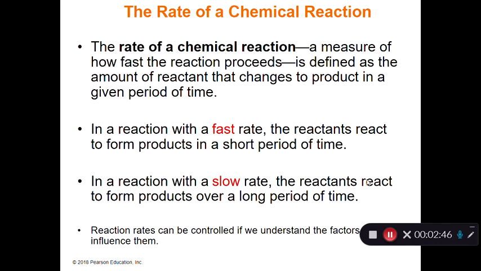So rate measures how fast a reaction proceeds. Please keep this in mind whenever I apply this information to chemical equilibrium, and I'm going to relate the rate of reactions to equilibrium.